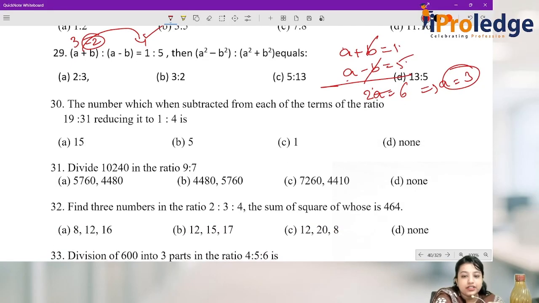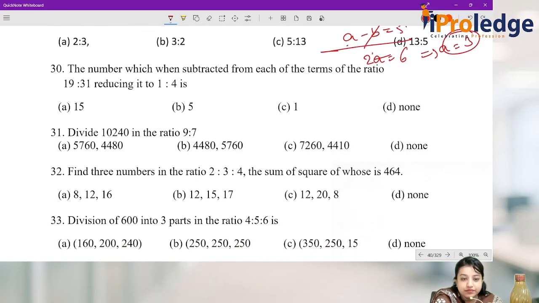Okay. Next, 30. Option A, 15. So if 15 is subtracted, you have to take the statements. The number which, when subtracted from each of the terms of the ratio 19:15, reduces it to 1:4.